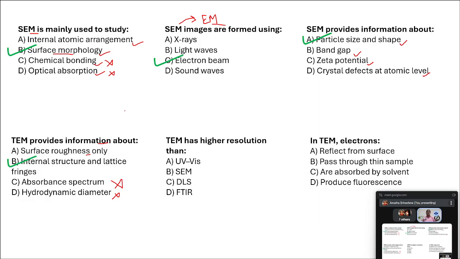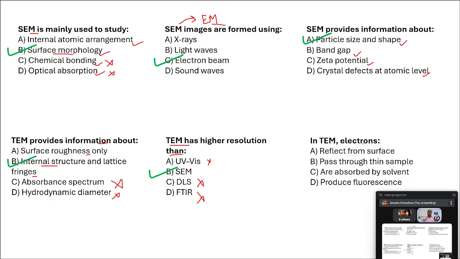If you remember the pollen grain image, we could see some of the internal features as well as the surface roughness. So TEM provides both internal structure as well as lattice fringes. We have also discussed the resolution and detection limits of all these three techniques. So this would not be the case for transmission electron microscopy, and the correct answer would obviously be scanning electron microscopy.